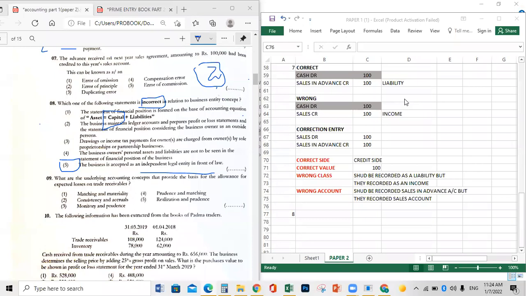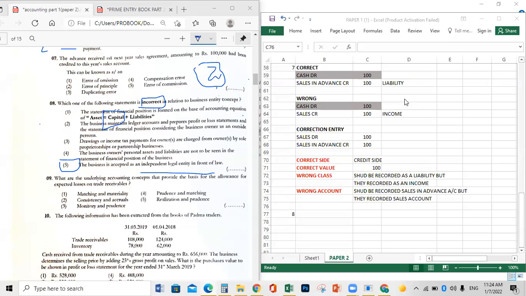Now, if you take a sole trader and a partnership, they also have to follow entity concept. But it doesn't mean they are legal entities. You might have studied in business studies, guys. These sole traders and partnerships are not legal entities. But still, they have to follow entity concept.